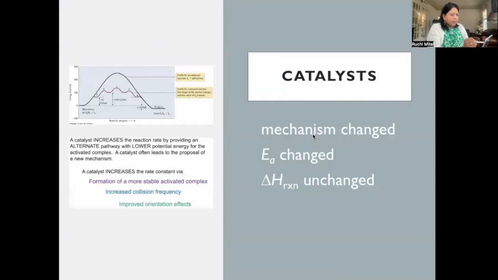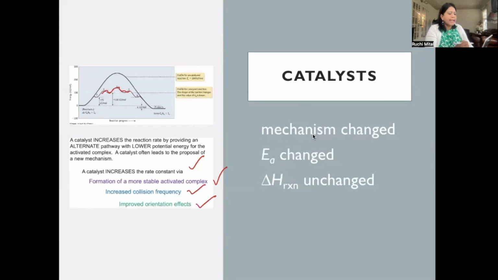Now, if you look at this graph, what a catalyst is doing, it is creating a new mechanism. You have a much higher activation energy. It will create a multi-step reaction, and that is what a catalyst is doing. So a catalyst increases the rate constant, formation of more stable activated complex, increases collision of the molecules, improved orientation of the molecule.